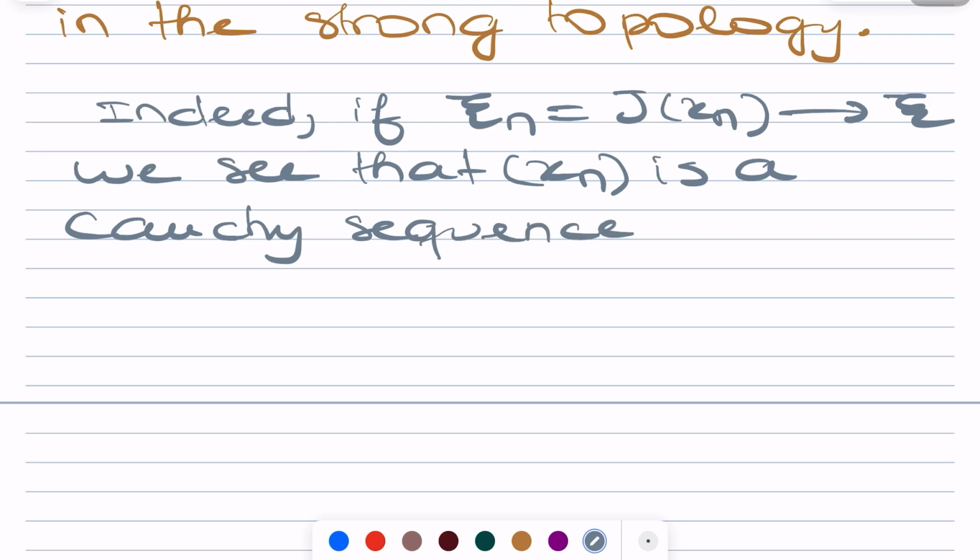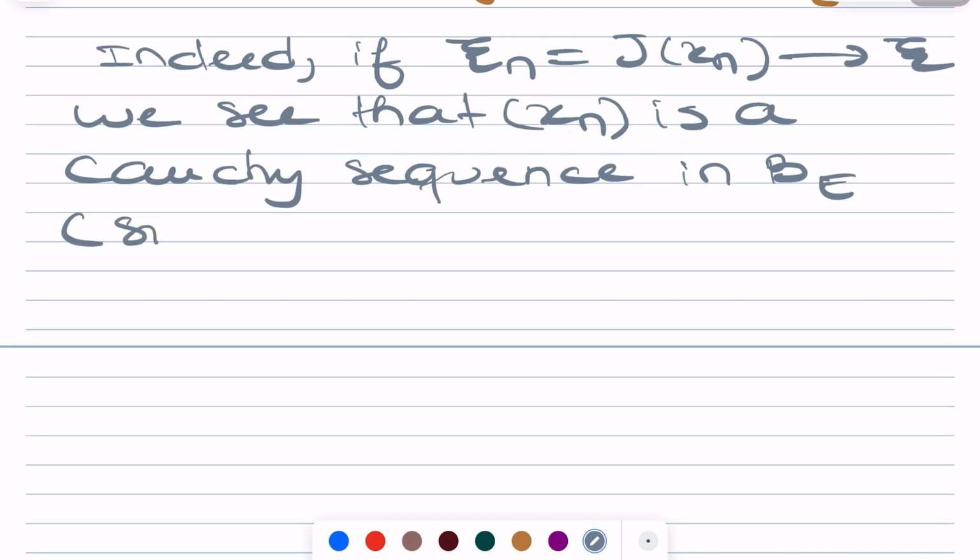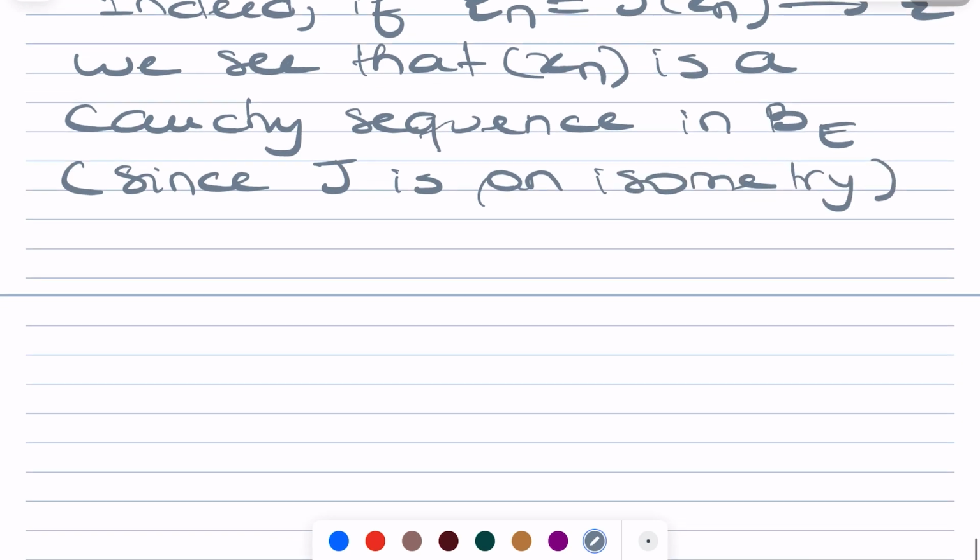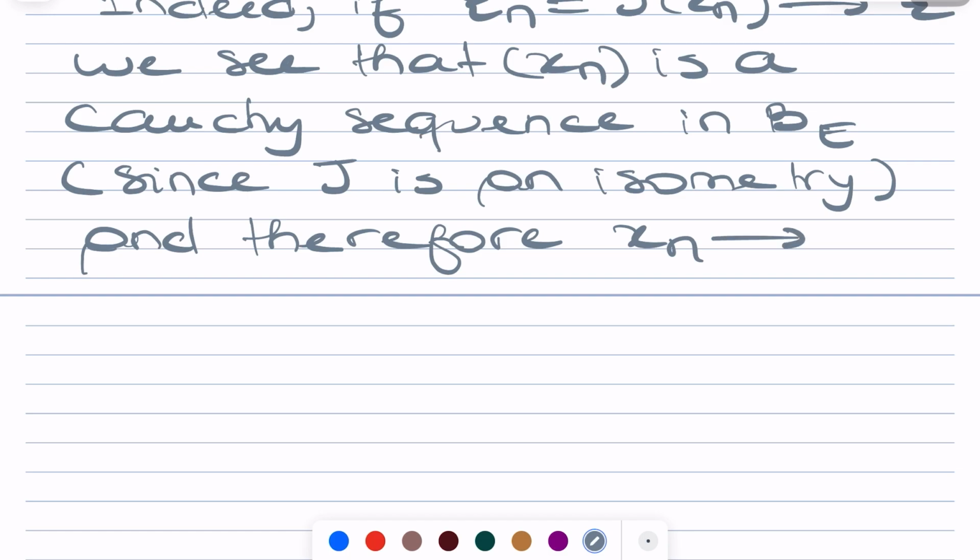So xn is a Cauchy sequence in the closed unit ball, since J is an isometry. Therefore, because xn is a Cauchy sequence and E is a Banach space, xn converges strongly to x.